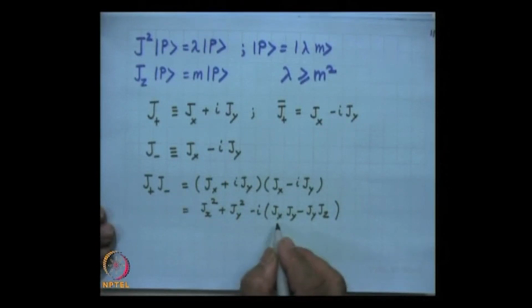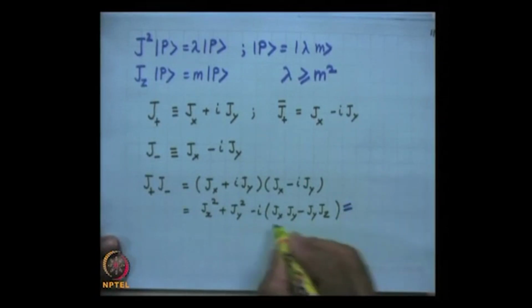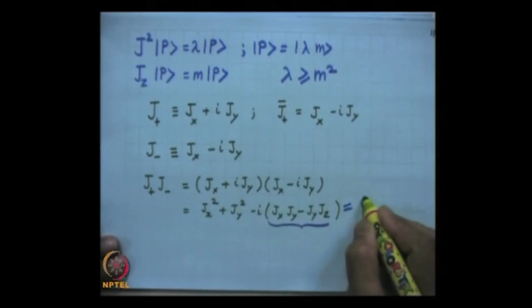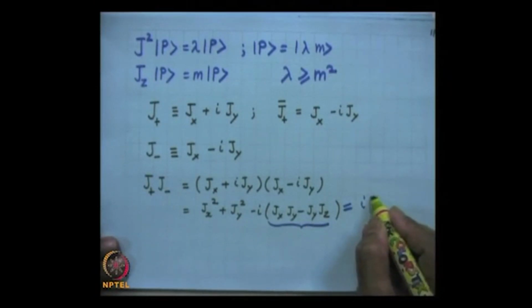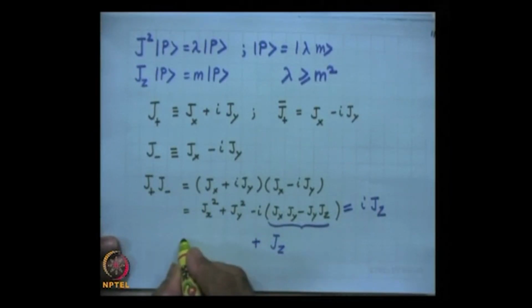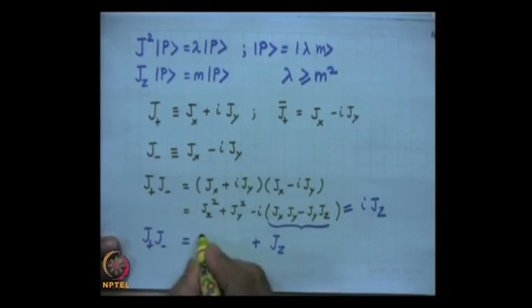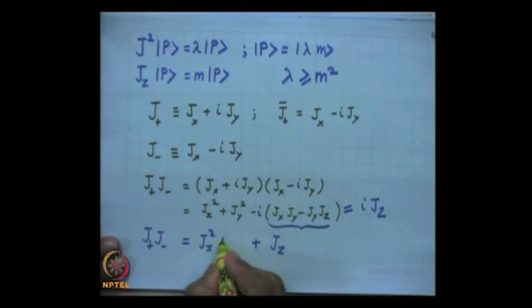So, this is the commutator of j x comma j y. We had shown that this part was equal to i h cross j z. So, i times i is minus 1, and this becomes plus h cross j z. So, j plus j minus becomes j x square plus j y square plus h cross j z.